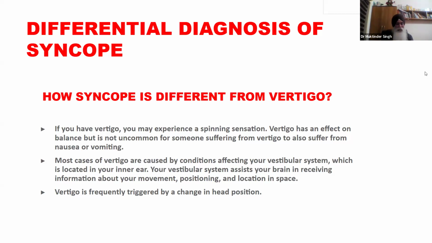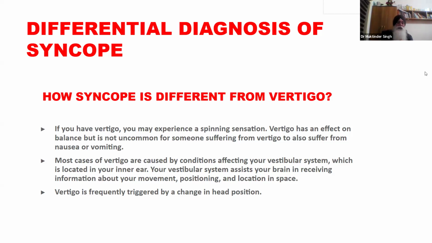Vertigo has an effect on balance, and it is not uncommon for someone suffering from vertigo to suffer nausea or vomiting. So even with a vertigo patient, nausea and vomiting can occur. But someone suffering vertigo has these symptoms while being conscious.